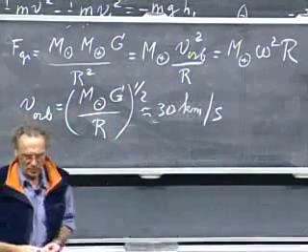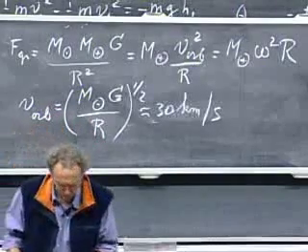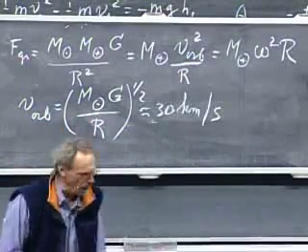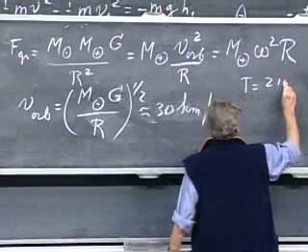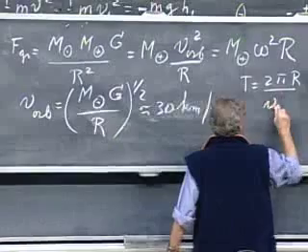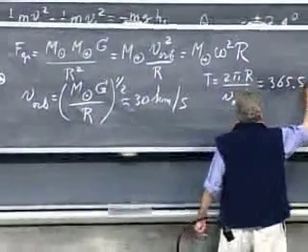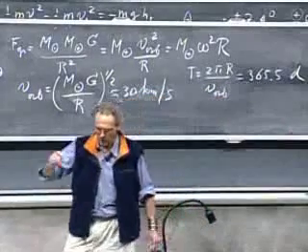I give it in kilometers per second, but of course, when you calculate it, make sure you always stay in MKS before you make a conversion to other units. So you know what the period is to go around the Sun. That is 2 pi r divided by the orbital speed. And that is about 365.5 days. That's 1 year. That's how long it takes us to go around the Sun.